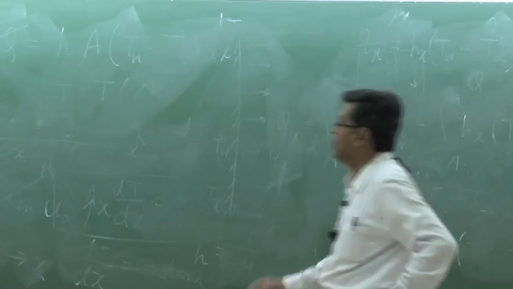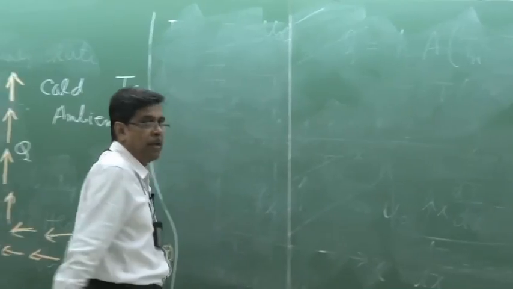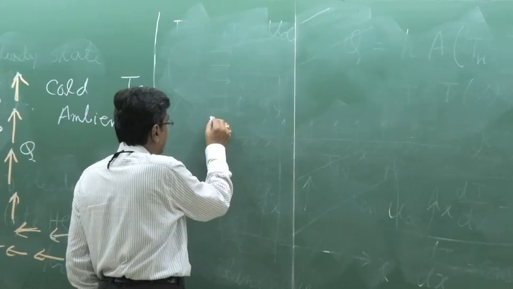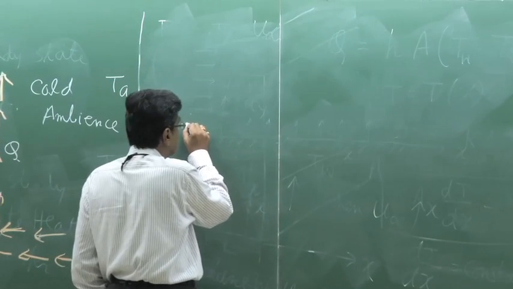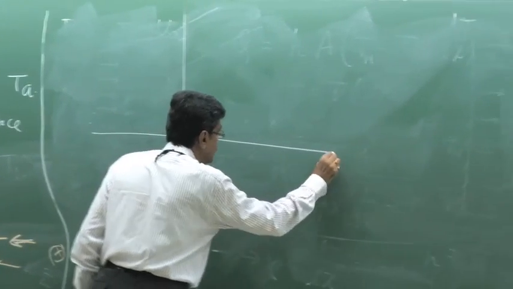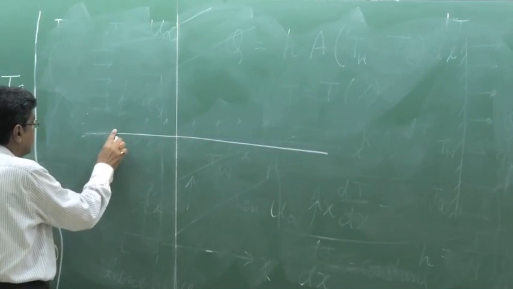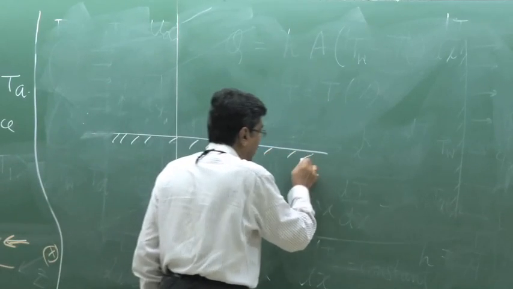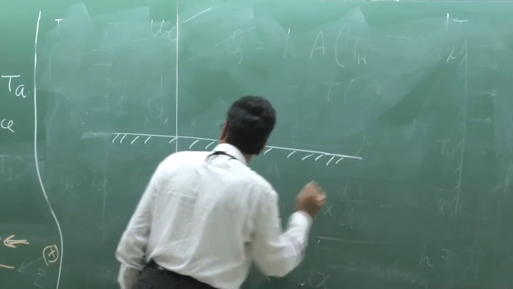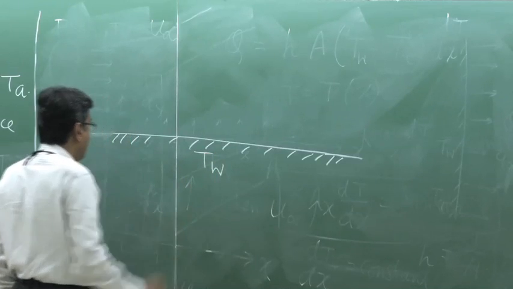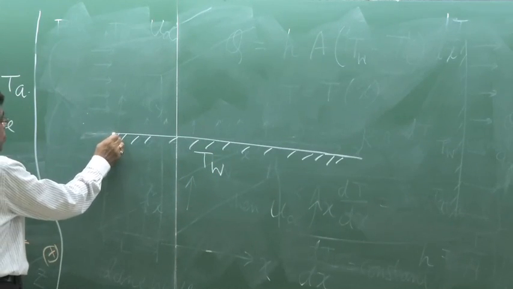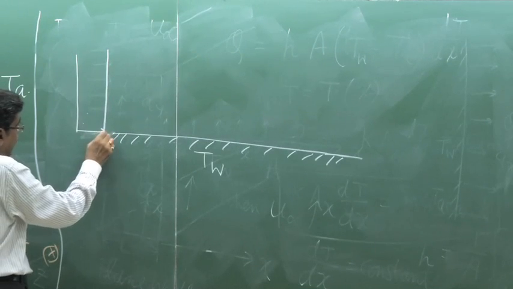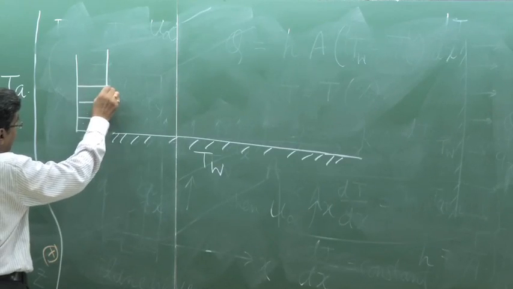Now, let us consider the plate. To understand the mechanism, consider the plate at Tw, and let us assume that fluid is flowing, approaching the leading edge of the plate with a velocity of u infinity.